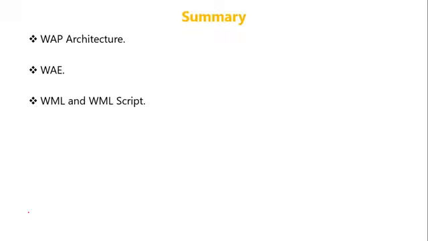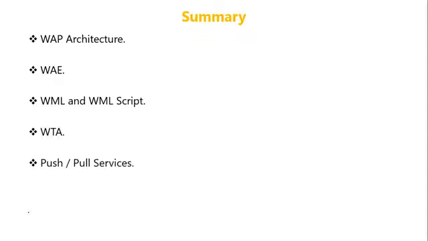So what we have discussed in this particular session, mobile internet connectivity: first we discussed the web architecture. Then we discussed the WAE, wireless application environment. And then we discussed WML, with some example code for WML.